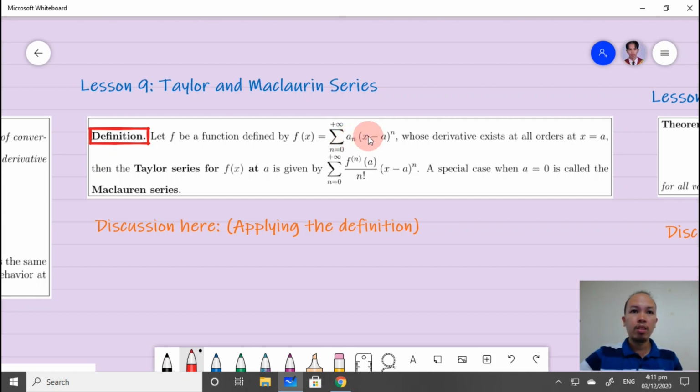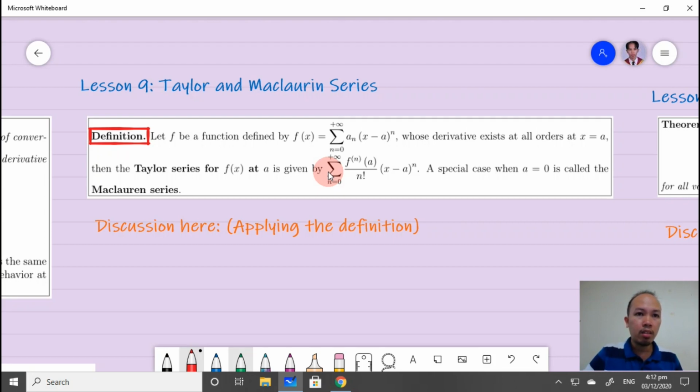Now this function, in a power series form, has derivatives of all orders at x equals a. Then the Taylor series for f of x at a is given in this form.